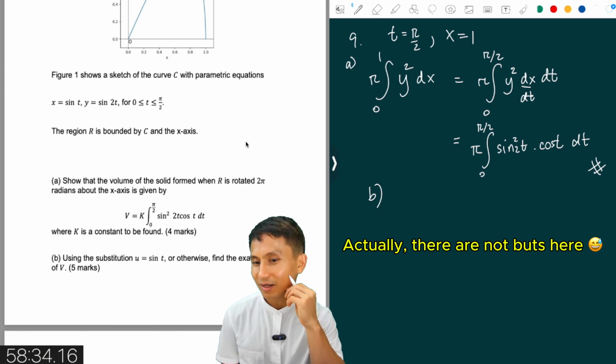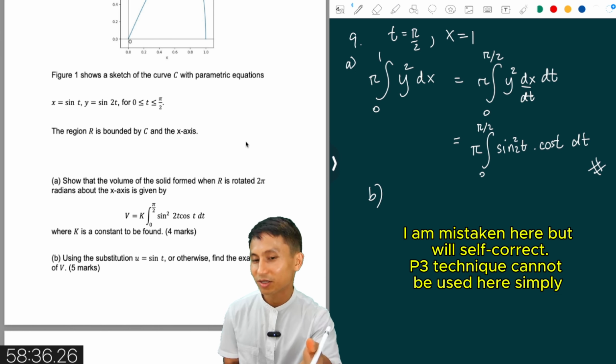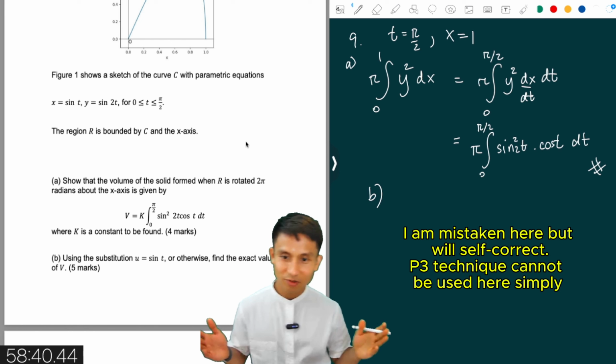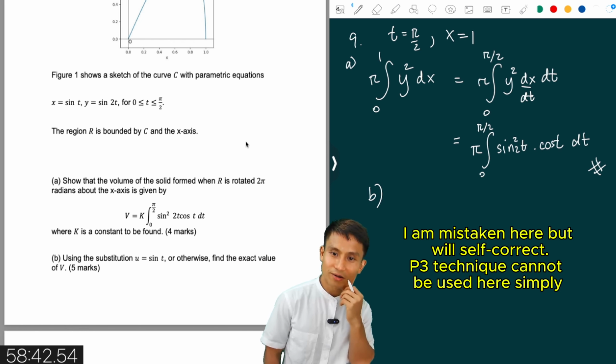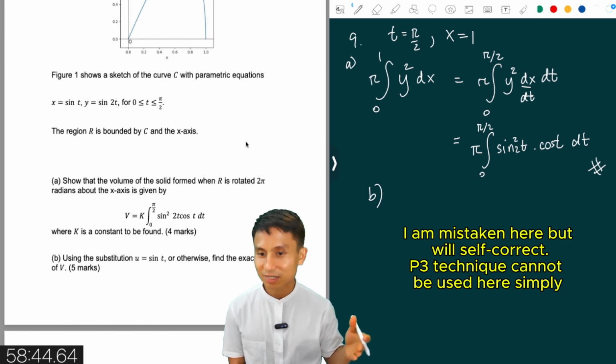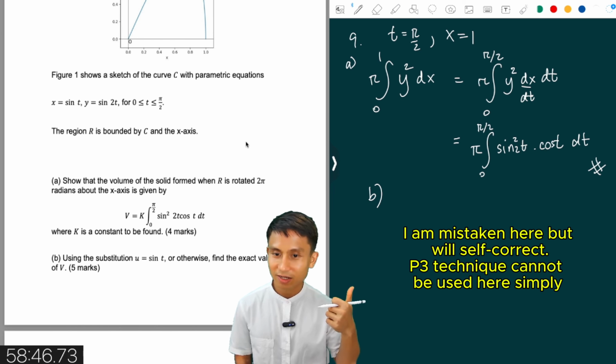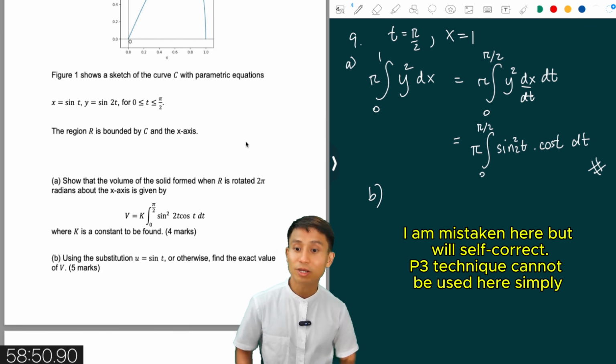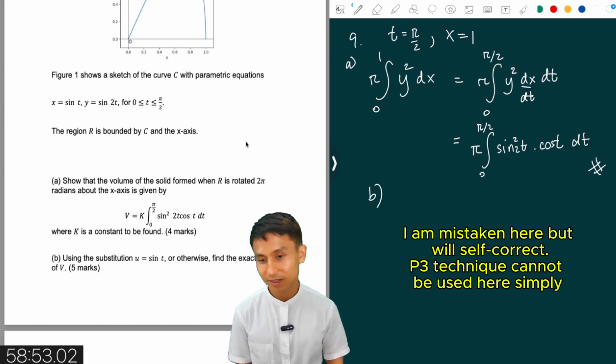I mean, this is P3 knowledge. You can use the reverse chain rule. If you want to excel in this technique, go check the video where I walk through how to do P3 integration very fast in the hard ones.